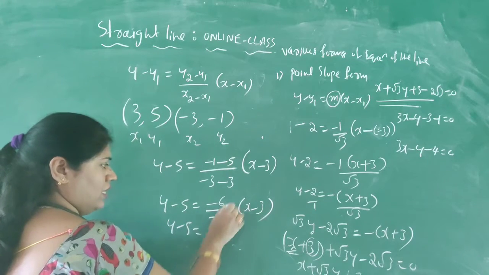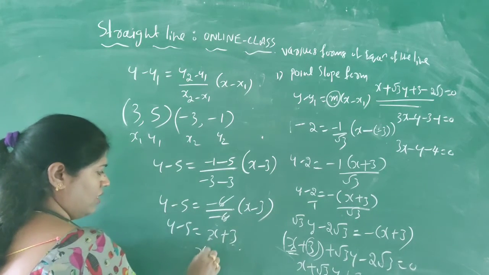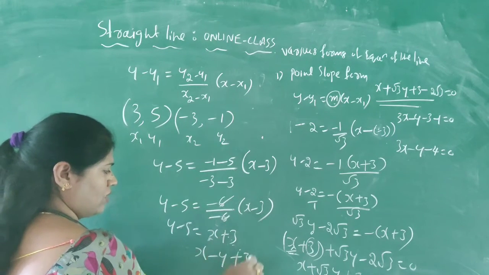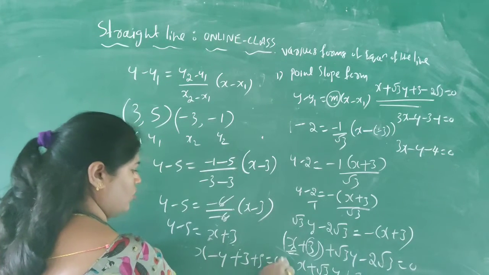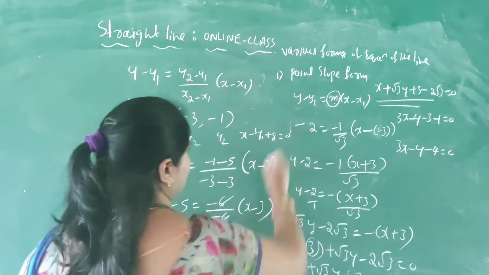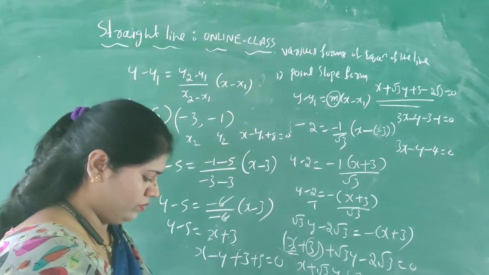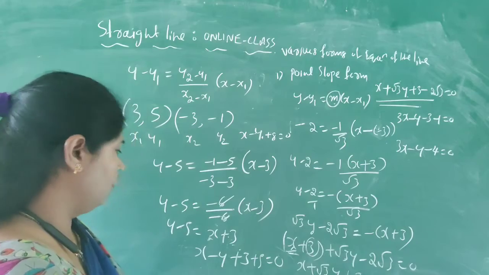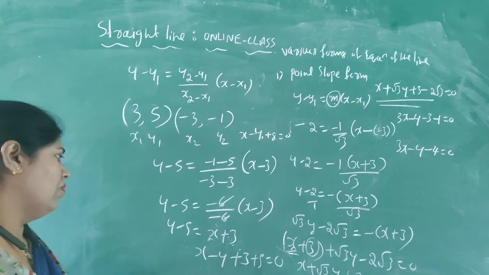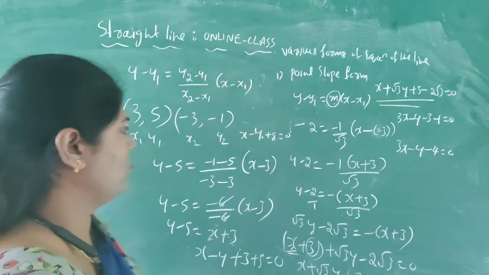Minus into minus is plus, so y minus 5 equals x minus 3. Transposing, you get x minus y plus 5 minus 3, so x minus y plus 2 equals 0.